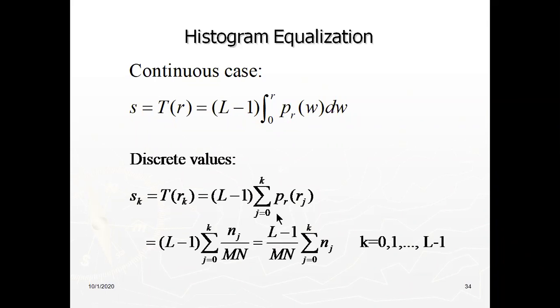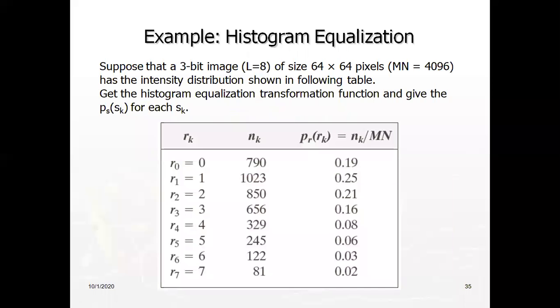So for that, if p_r(r_j) is n_j by MN, you can write it like this, (L-1)/MN and sigma of n_j. If some expression is there for n_j, you can substitute it and get it. Now let us take a full example of histogram equalization.